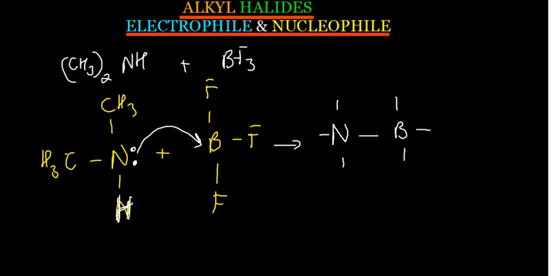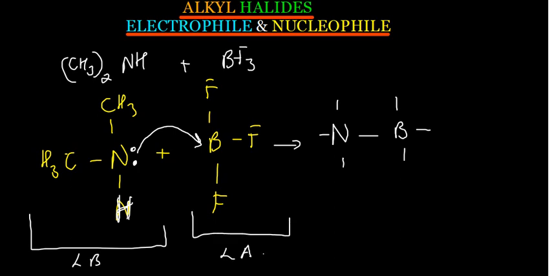From here, the one donating a lone pair is the Lewis base, and this one is the Lewis acid. The one with the lone pair of electrons, the Lewis base, is also the nucleophile because it needs the nucleus of the other atom. The Lewis acid needs electrons, so it is an electrophile.